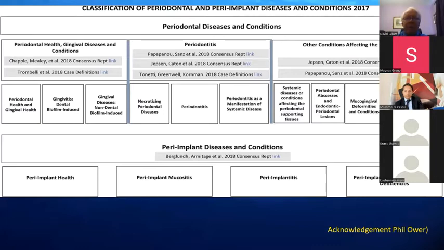And this is a slide, and I acknowledge Phil, a colleague of mine. And so the dynamics have changed. Now, to be fair to Miller, Miller recently wrote a review where he recognized the limitations of his classification. And as we'll see in the next slide, can we have the next slide, please?